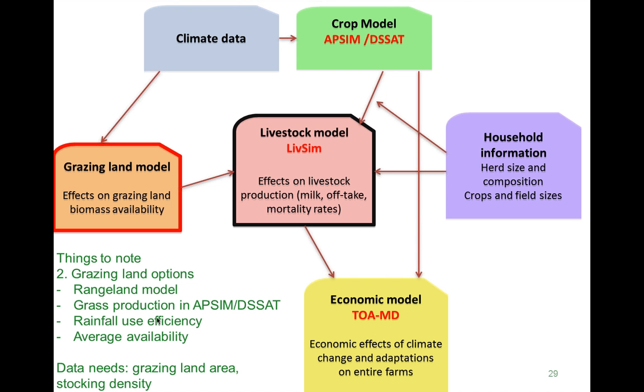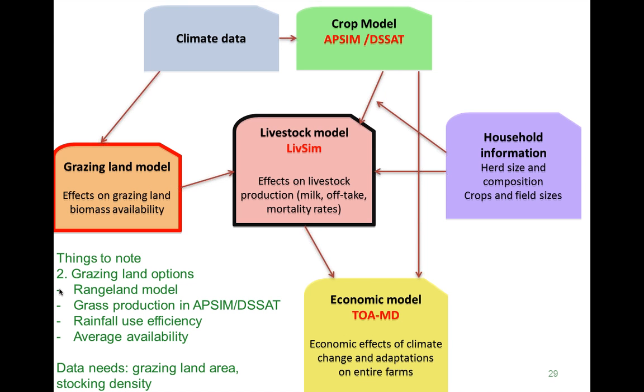A third option is to use information on rainfall use efficiency of rangelands. That's basically a factor that tells you how much biomass is produced with a certain amount of seasonal rainfall. So with these first three options, you are able to take into account some variation in biomass production as a result of variation in climate.